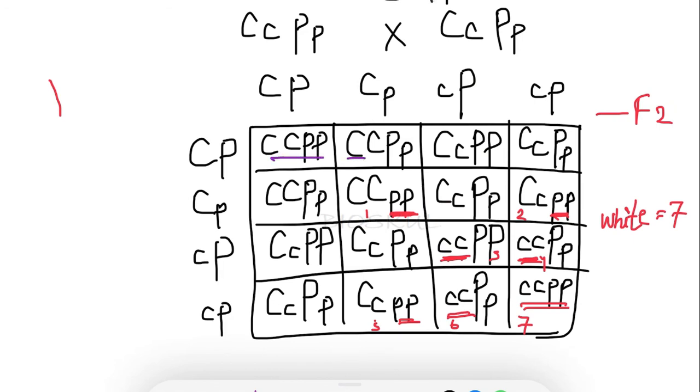Here also capital C, capital P, here also capital C, capital P, capital C, capital P, here also capital C, capital P. So where both the dominant genes are present, there it will result in the production of purple color flower. How many? In this direction, this is 4, this is 3, 7, and here 2, 9. So how many purple color flowers? Purple color flower is 9.